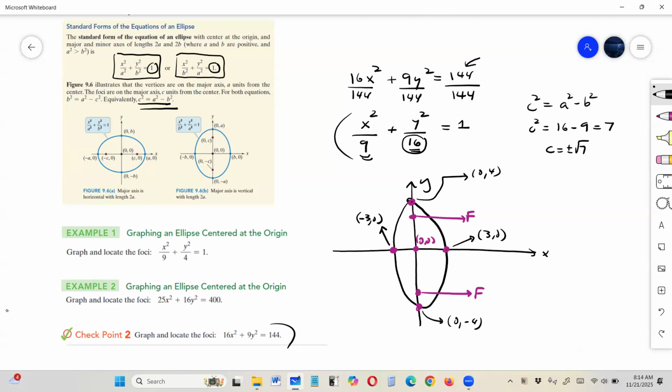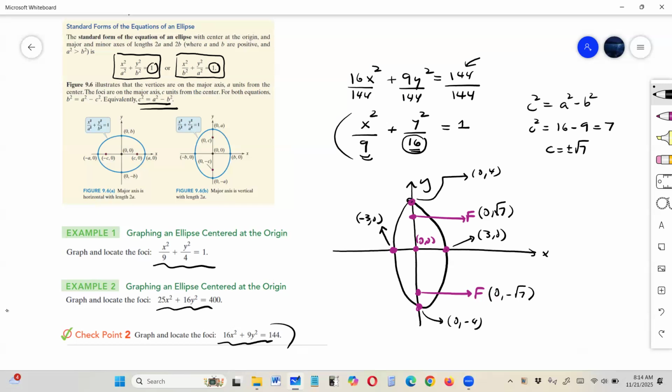So radical 7 units above the origin, so the top focus will be 0, radical 7. And the lower one would be 0, minus radical 7. And that's it. That's all we have to do at this point, right? So in case you have an ellipse centered at the origin.